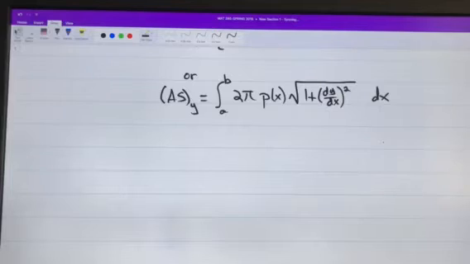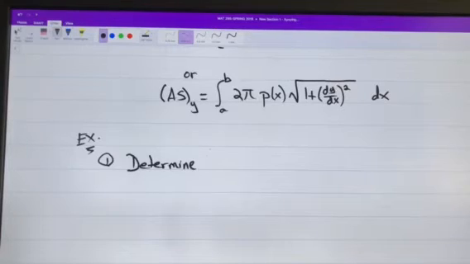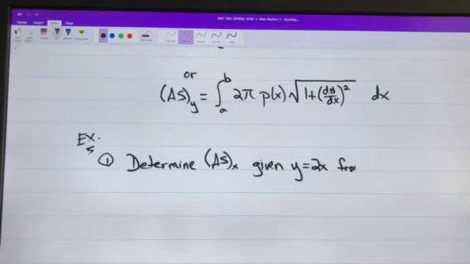And let's say that just for starters, say if I were to determine the area of surface generated about the x-axis, and I'll just say that I have y is equal to 2x from x is equal to 0 to x is equal to 2.